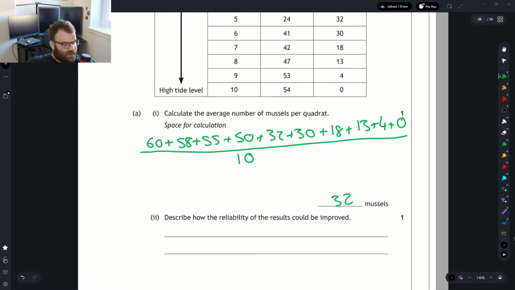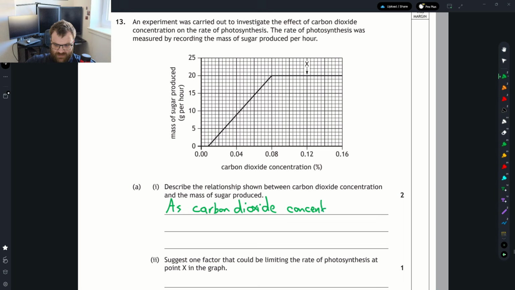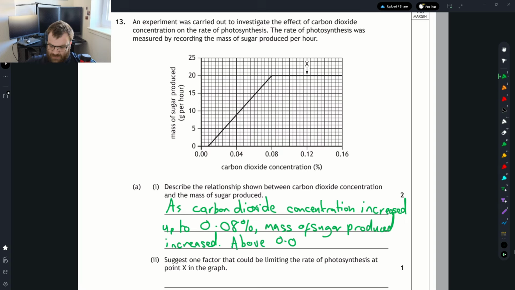As carbon dioxide concentration increased to 0.08%, the mass of sugar produced increased. Above 0.08%, the mass of sugar stayed the same, or stayed constant.